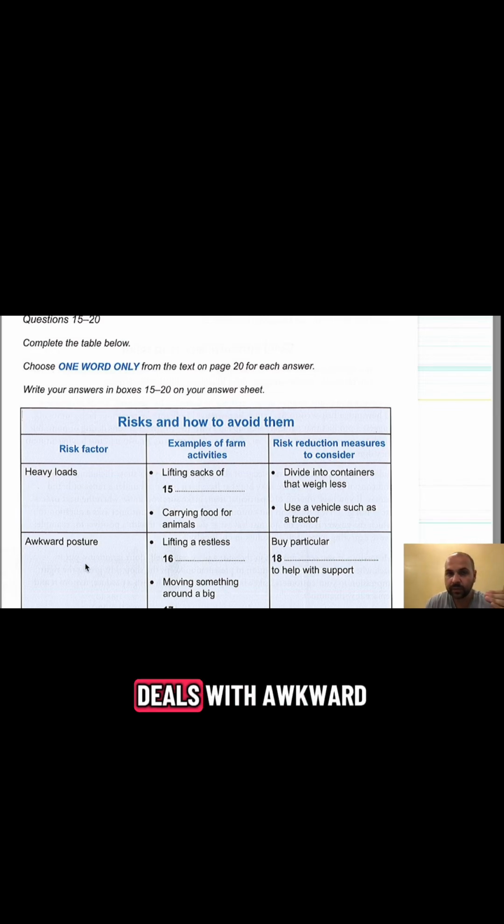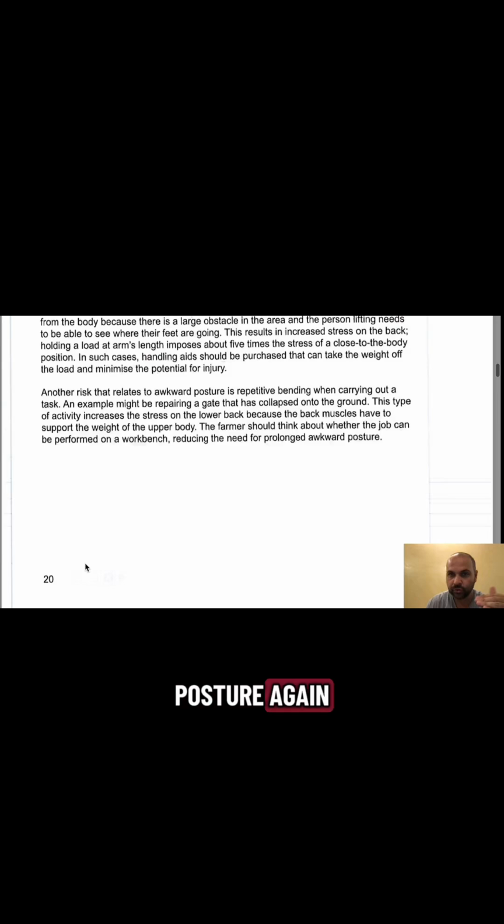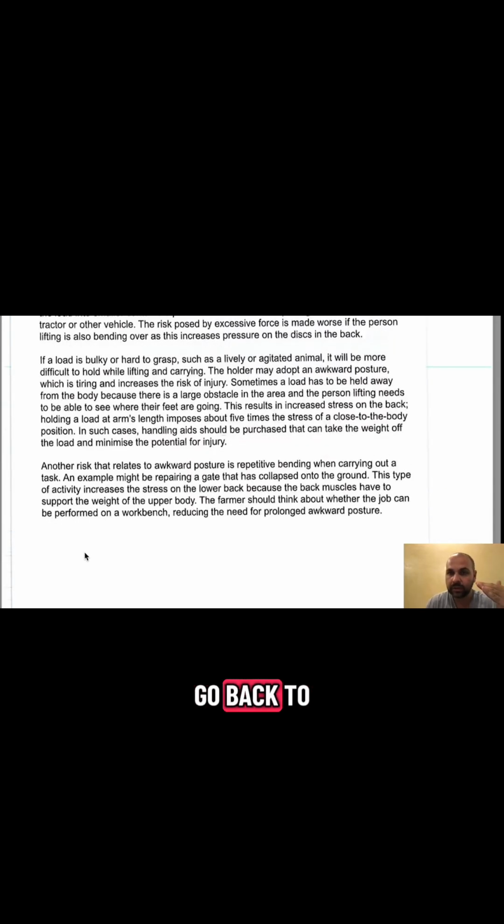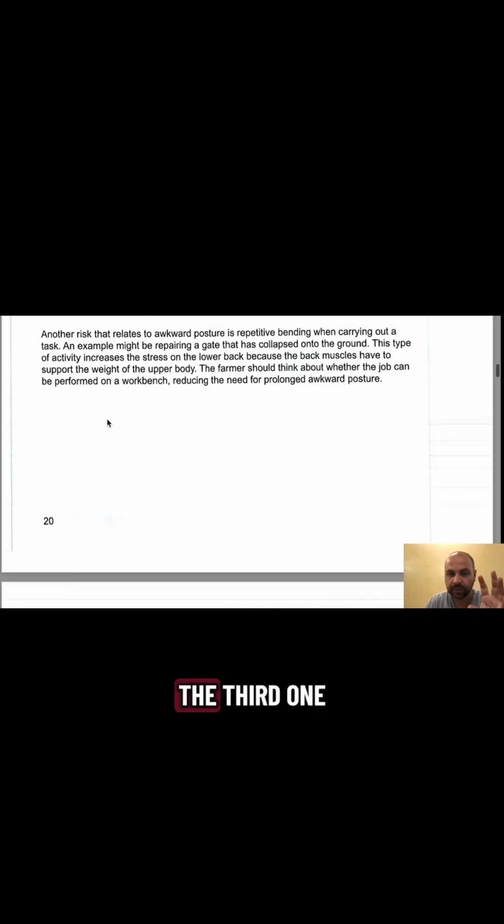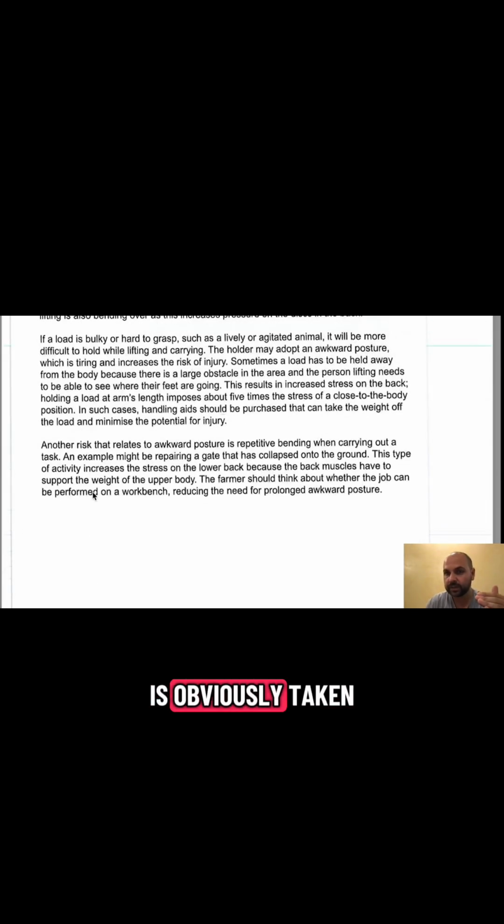The next one deals with awkward posture again, so we go back to the text and you will see awkward posture. The questions are taken from the third passage. Without further reading, you can just directly locate your eyes on that specific passage. The third section is obviously taken from the last passage.